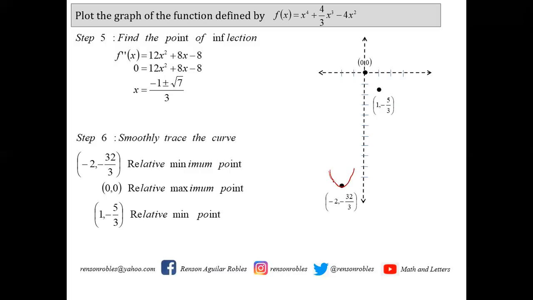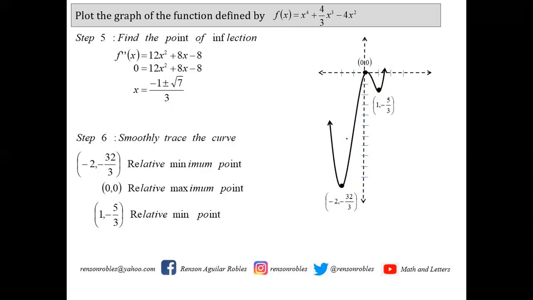So the function decreases and then increases, so that's concave upward. Here the function increases and decreases, so it's concave downward. Then at point 1, negative 5 thirds, the function decreases and then increases, so the function is concave upward. And then we just smoothly trace the curve.